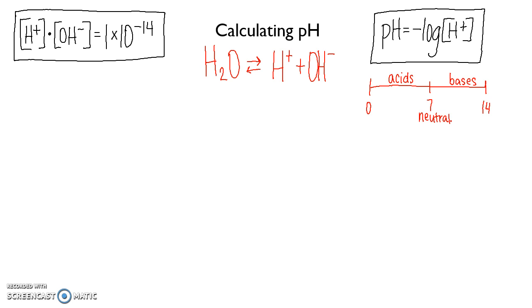Okay, so we're going to do a couple examples, but before we do, I want to make a quick note, just so that I know it's in your notes. We can go over it more when I get back if you have questions, but real quickly, some things that you could see given to you instead of H+. Sometimes it'll just straight up say, this is the H+ concentration. It could also say the hydrogen ion.